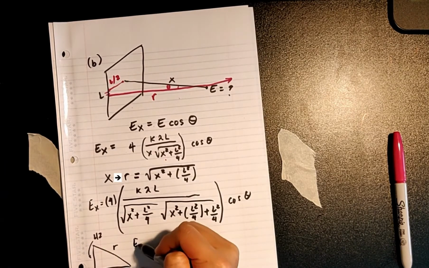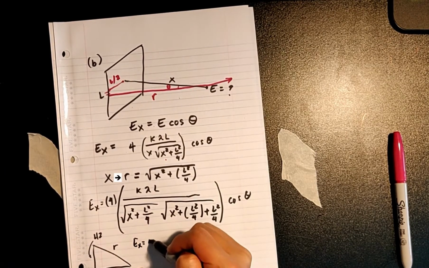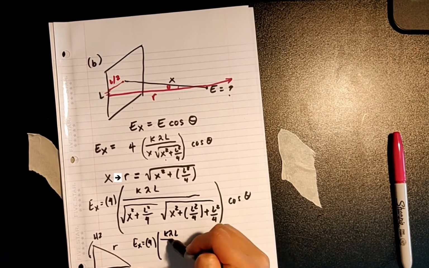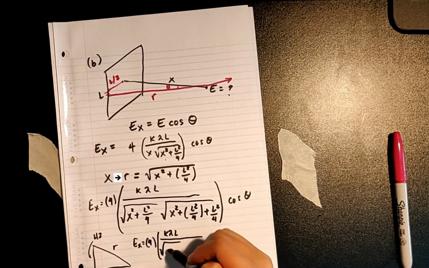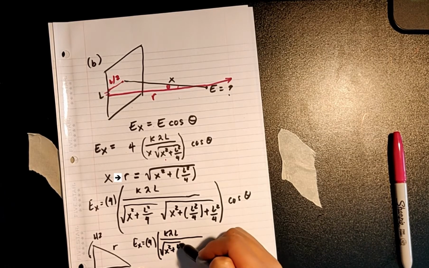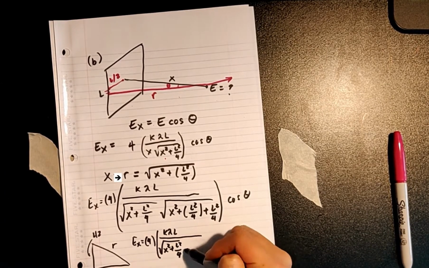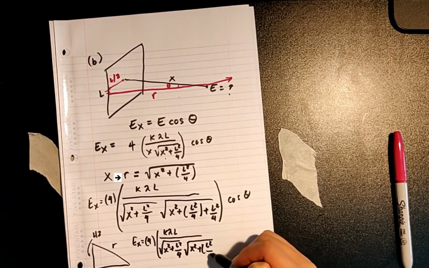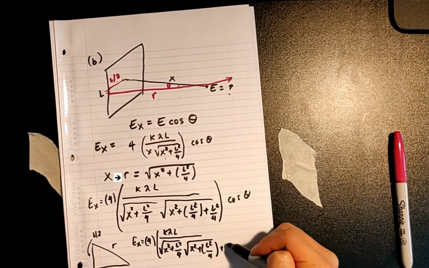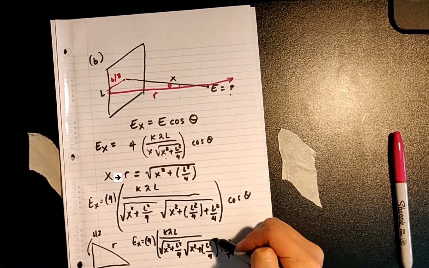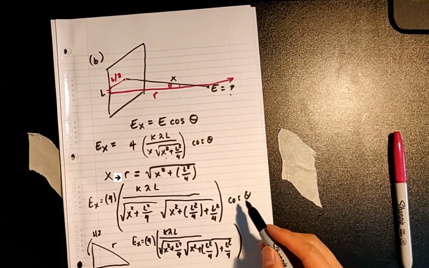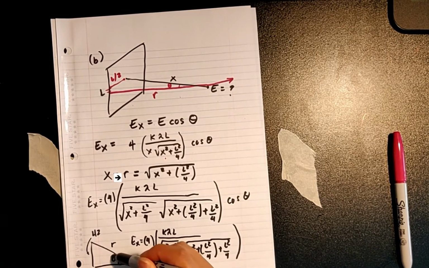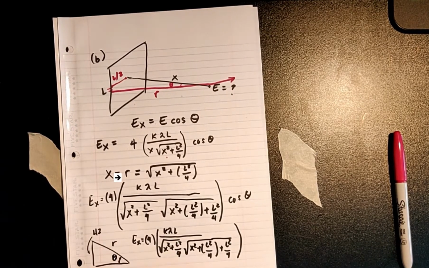So E of x is just going to be equal to 4 times k lambda L over the same thing again, x squared plus L squared over 4 times the square root of x squared plus L squared over 4, times adjacent over the hypotenuse of r.